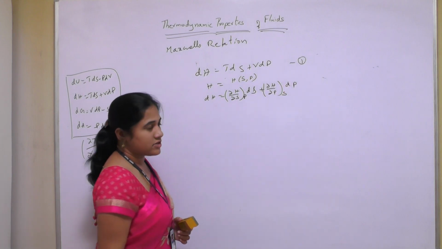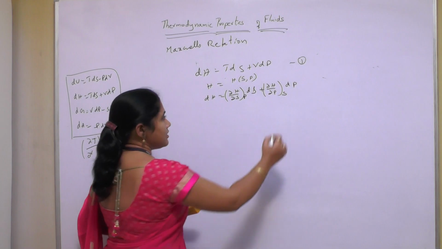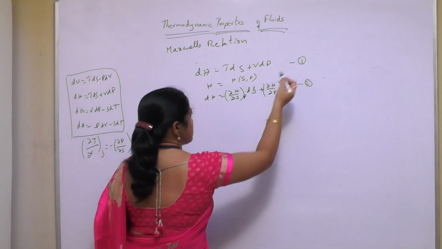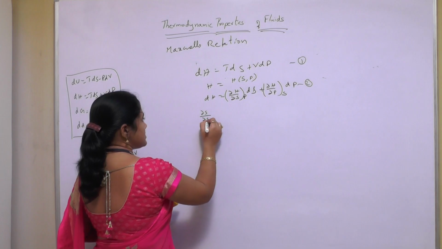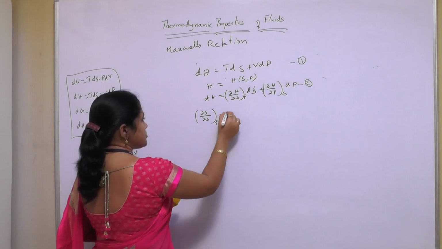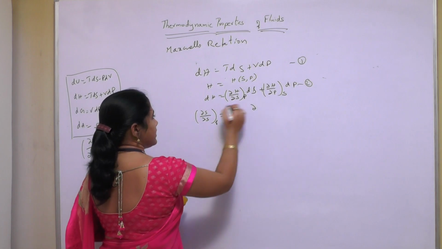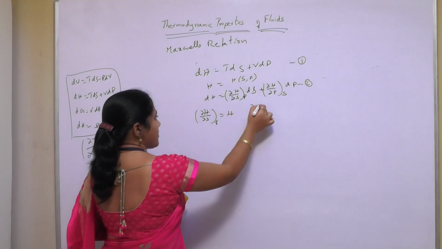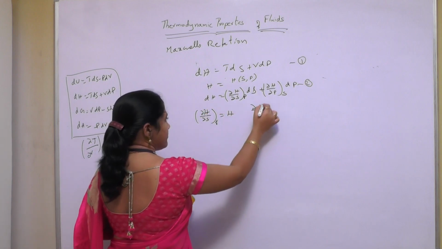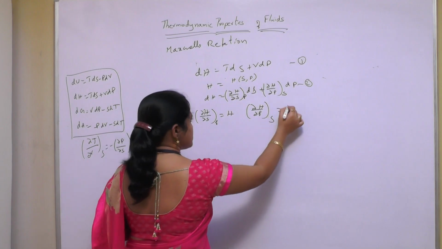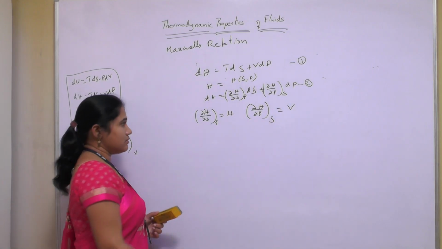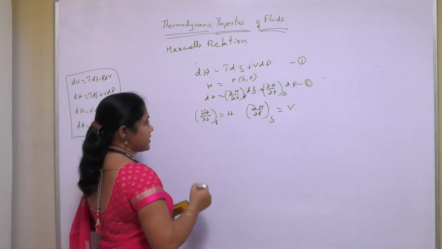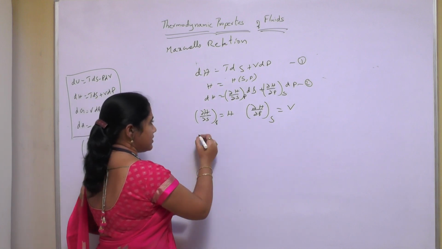This is a total differential, and equating these two equations, (∂H/∂S) at P equals T and (∂H/∂P) at S equals V.